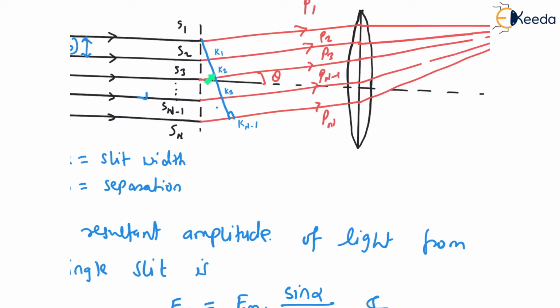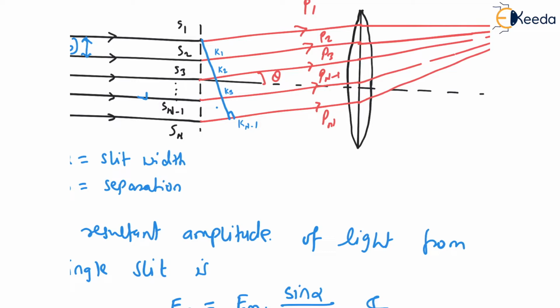In the same way, we can find all of these. For the first ray P1 and the last ray Pn, the path difference will be Sn Kn minus 1. This value will be the path difference for the two light waves starting from S1 and Sn.